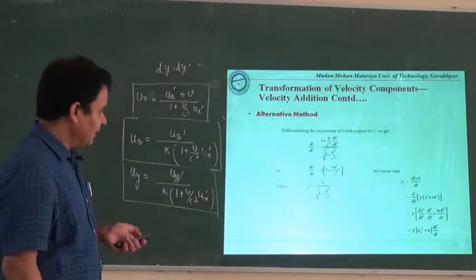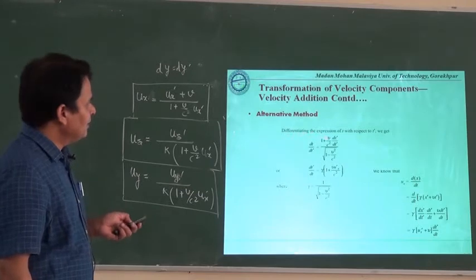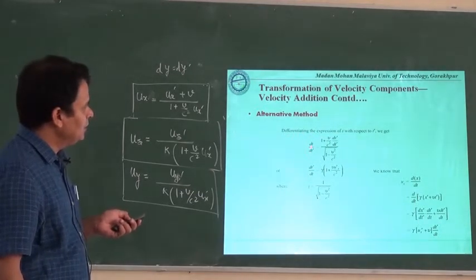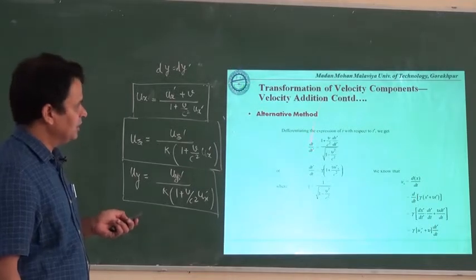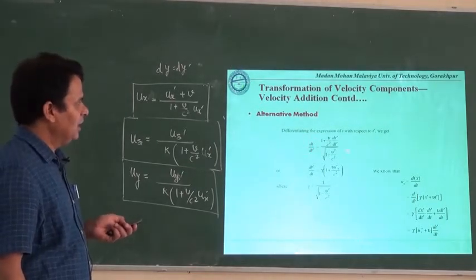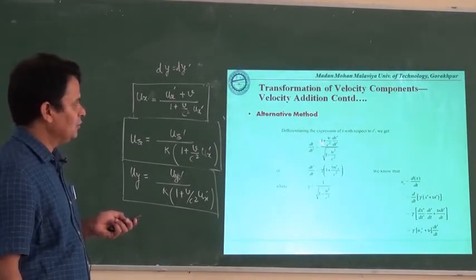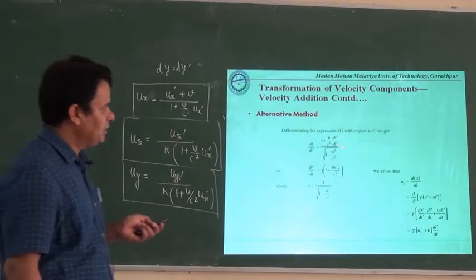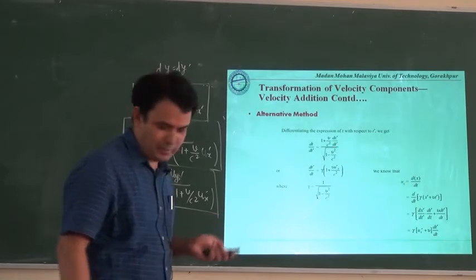Here first we wrote the expression for t, that is t is equal to t dash plus v upon c square dx dash upon dt dash.